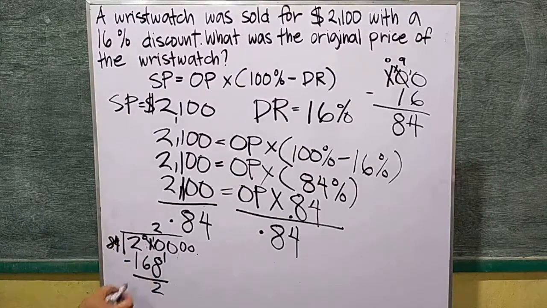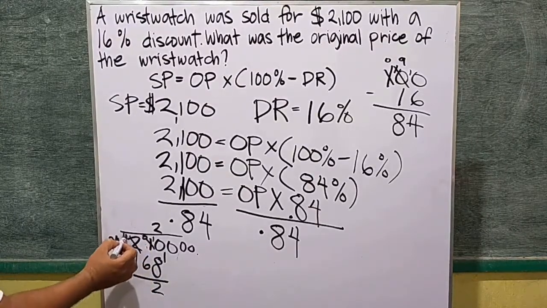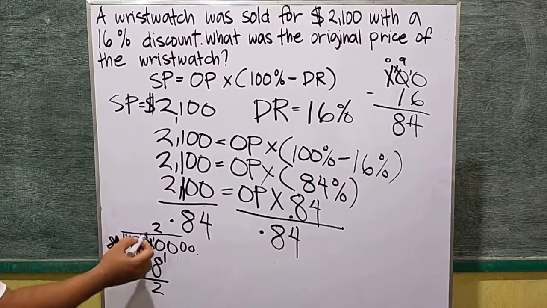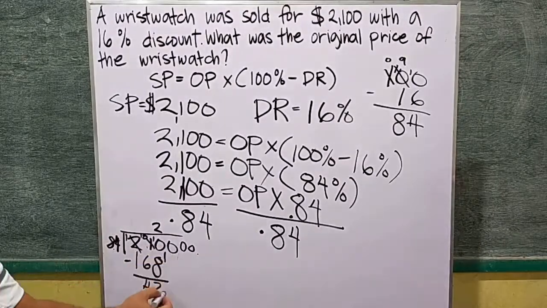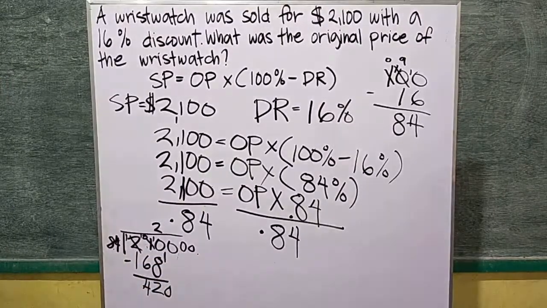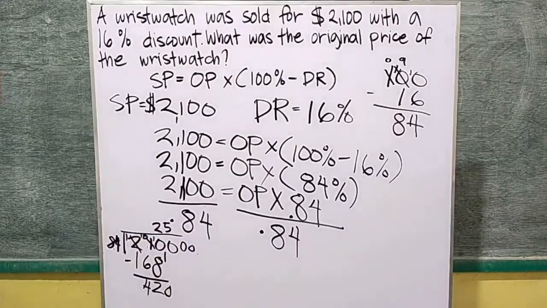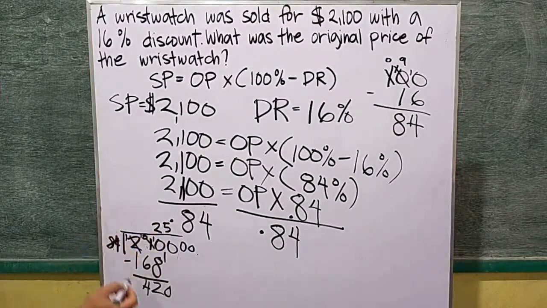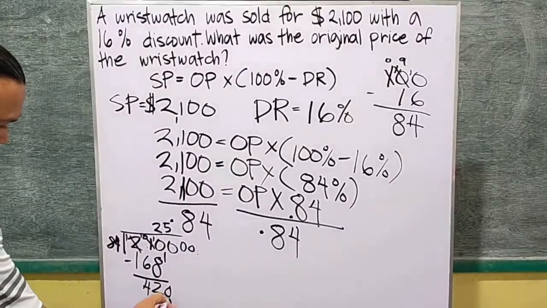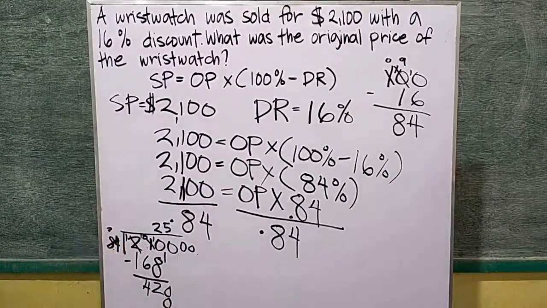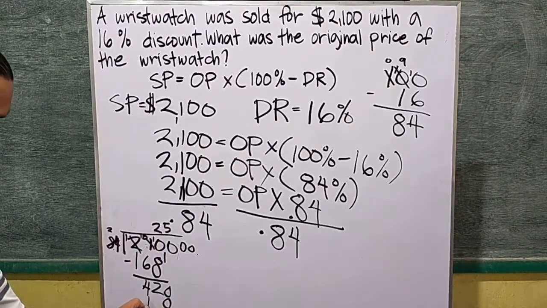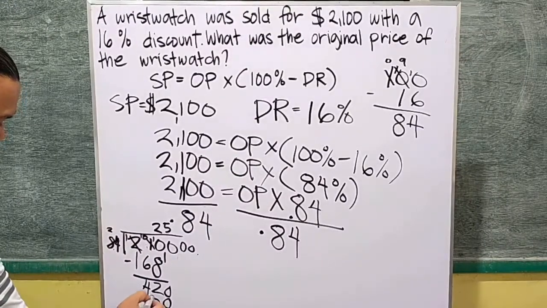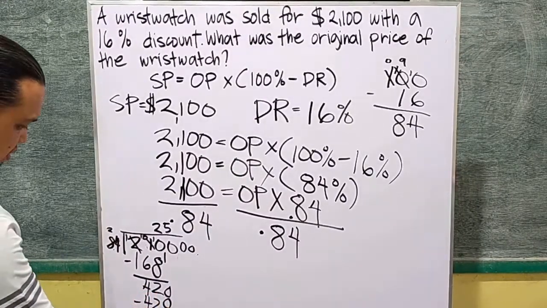Now 0 minus 6 cannot be, so 0 must borrow 1 from 2. 2 will become 1, and 0 will become 10. Now 10 minus 6 is 4. So we have 42. Bring down 0. So we have 420. Now 420 divided by 84, let's try 5. Now 5 times 4 is 20, 0 carry 2. Now 5 times 8 is 40, plus 2, that's 42. So 420 minus 420 is 0.